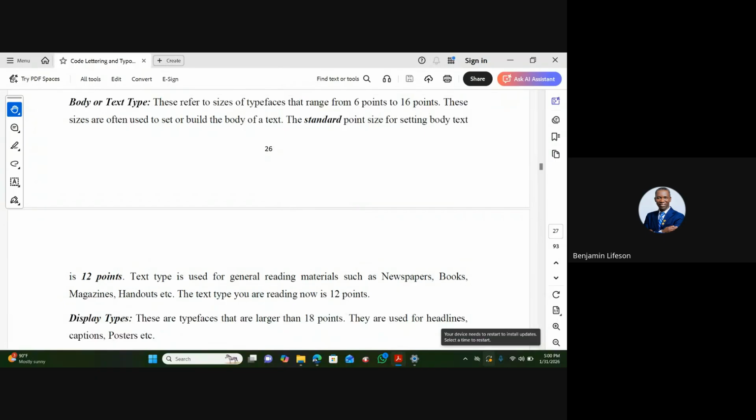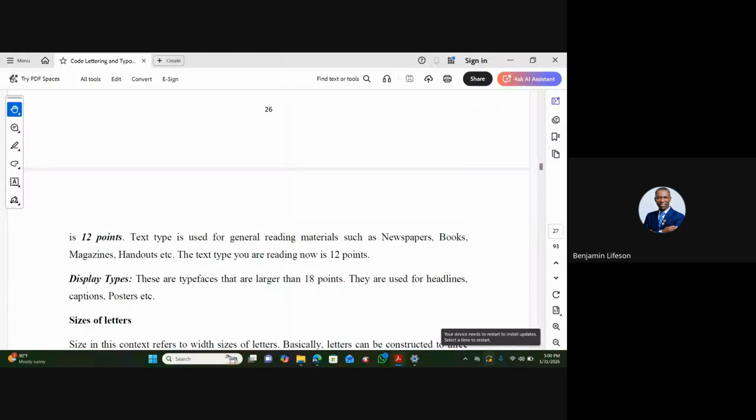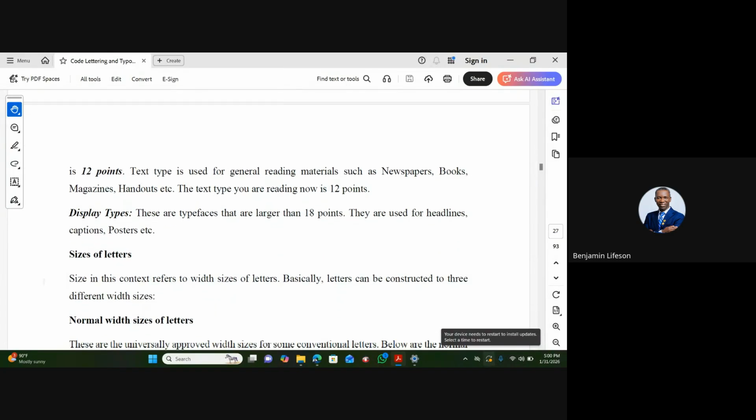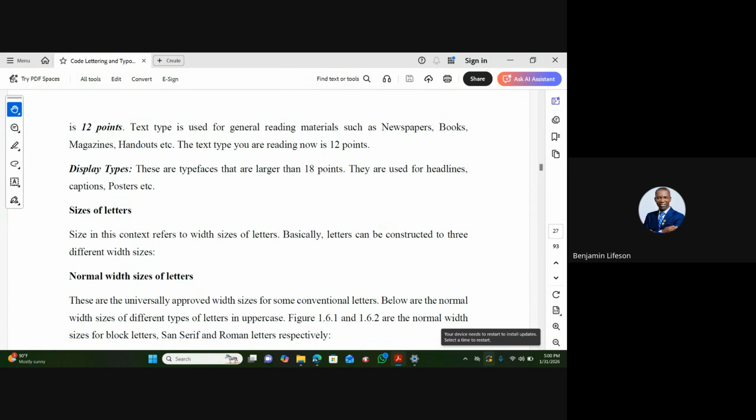The standard point for body text, for every inscription that is printed in the form of your book or whatever, the size is 12 points. It is used for general reading materials like newspapers, books, magazines, handouts, and so on. Then we have display types. They are larger than 18 points. They are used for headlines, captions, posters.